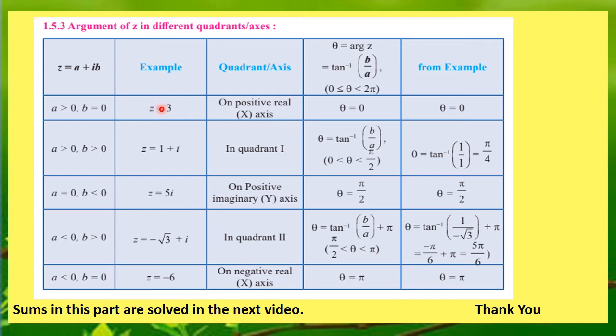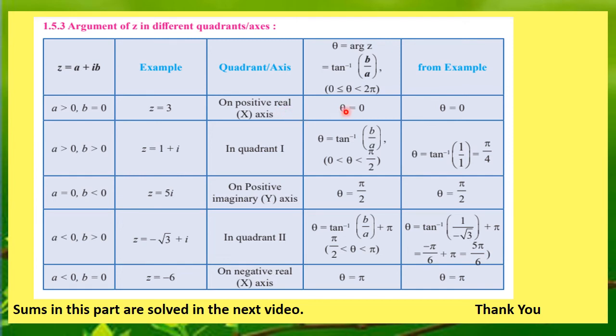For the number z is equal to 3, x is equal to 3, or the x coordinate is 3. So it lies on the positive real axis or x-axis. Theta is the angle made by the line from the origin to the complex number. Here that angle does not exist because the point lies on the x-axis. So theta is equal to 0.